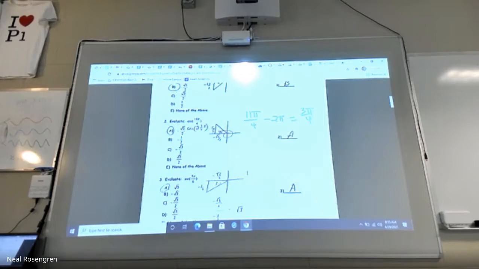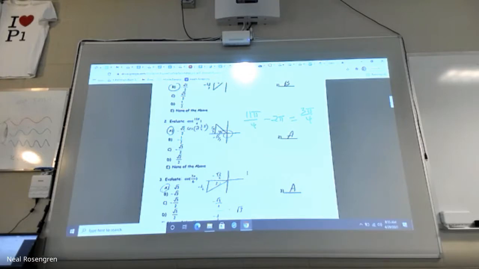The only one that sticks out in my head would be domain and range of those trig functions. We did that back in Precalc. You'll want to look back at those notes to recap. Sine and cosine, the domain is all real numbers, but the range is -1 to 1.